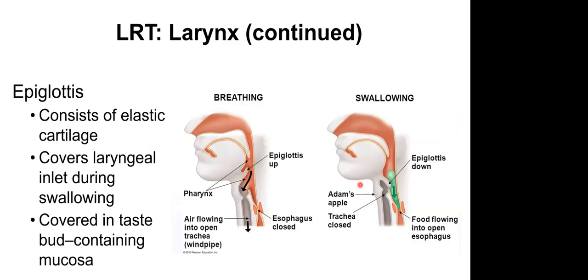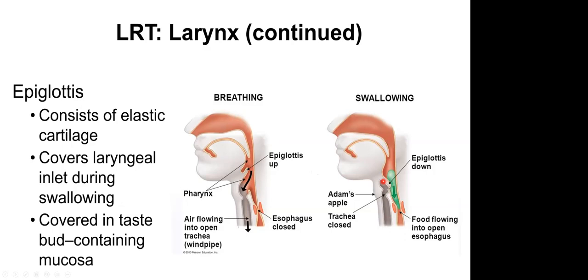So again, I already explained this, the epiglottis folding down, but the epiglottis is made of elastic cartilage. During swallowing, that elastic cartilage covers the opening of the larynx, and this is what allows food to flow into the esophagus and not down the trachea.